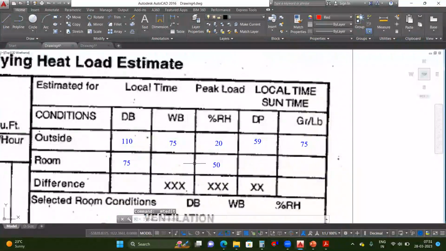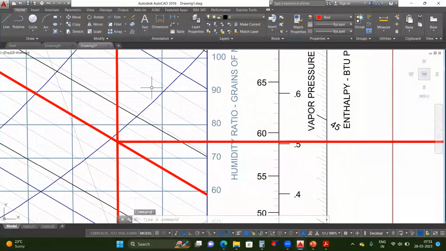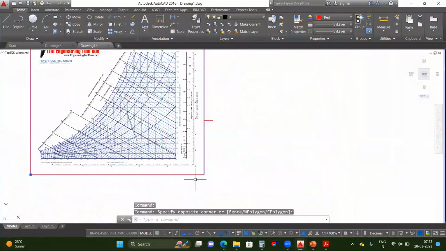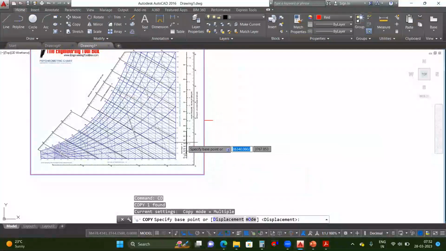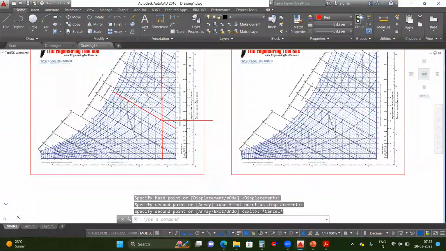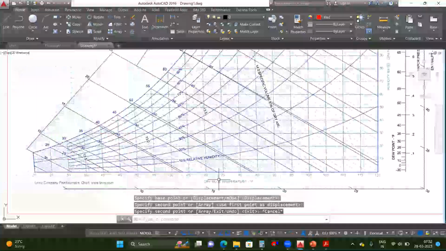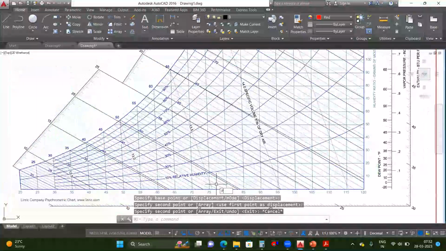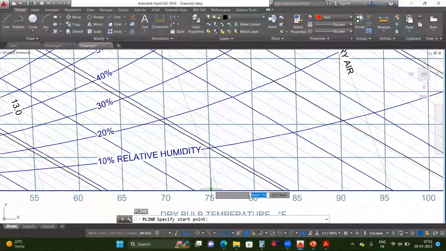Okay, so we have done the outside condition. Now we need to derive the inside conditions. The inside condition is room 75 dry bulb and 50% RH. So I will copy one more psychrometric chart. Room dry bulb is 75, so I will draw one line. This is the 75 dry bulb line.